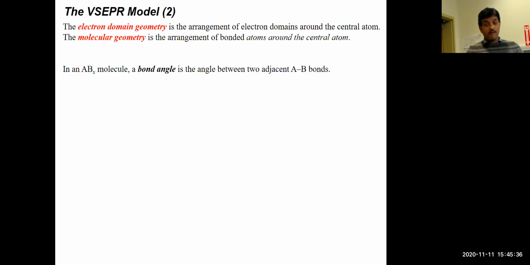So when we name a shape around the central atom, sometimes molecular geometry is the same as electron geometry, and sometimes it is different. It depends on whether the central atom has lone pairs or not.